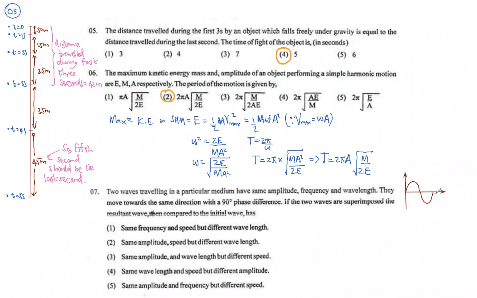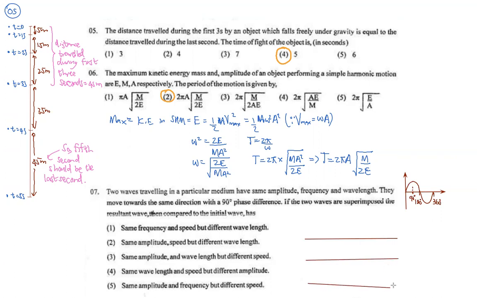The total angle is 360 or 2 pi for one whole wave, here it is 180, or pi, and 90 is here. So if those two waves are meeting, we have to consider two waves which meet like this. Wave 1 and then wave 2 and then the resulting wave.